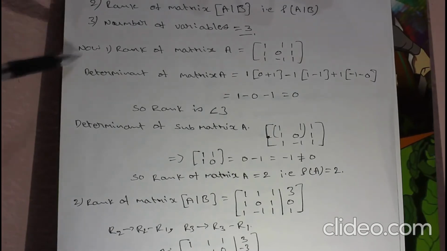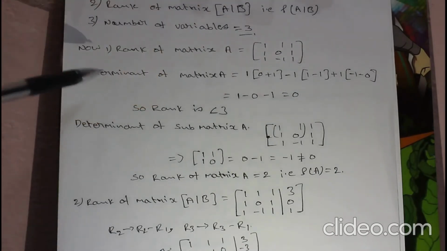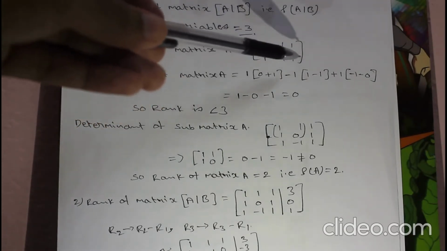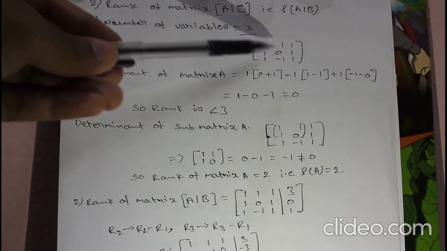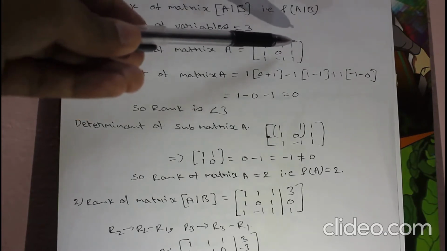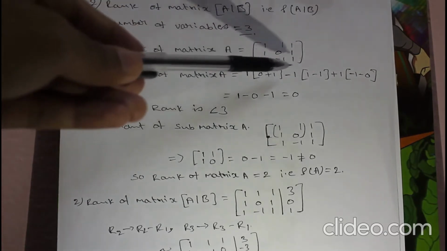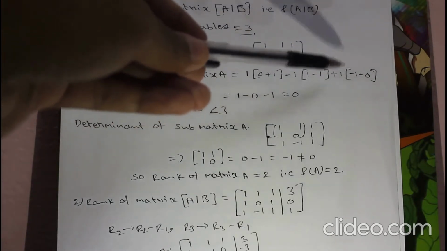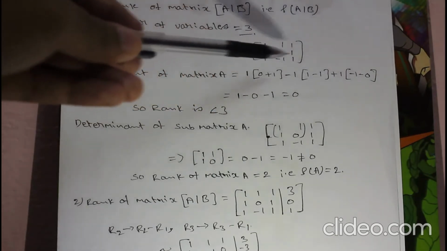The rank of the matrix A: the matrix is [1 1 1; 1 0 1; 1 -1 1]. So the determinant of the matrix is 1 into (0 minus (-1)) minus 1 into (1 minus 1) plus 1 into (-1 minus 0).